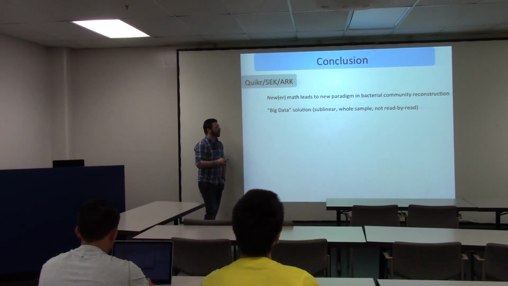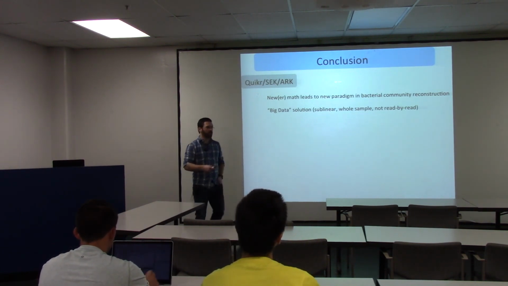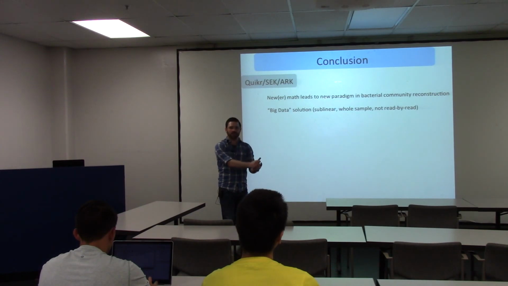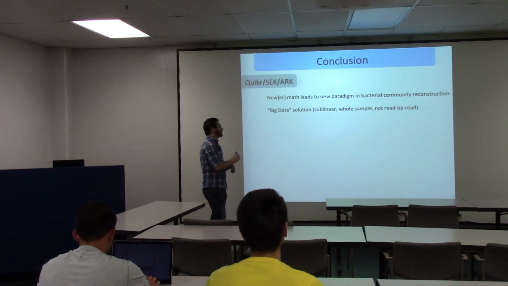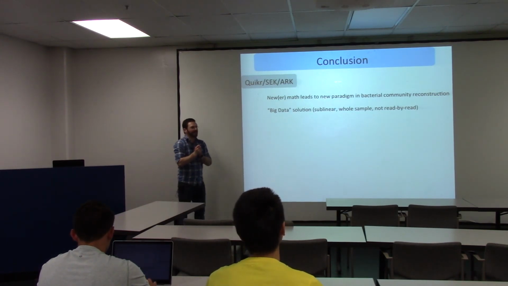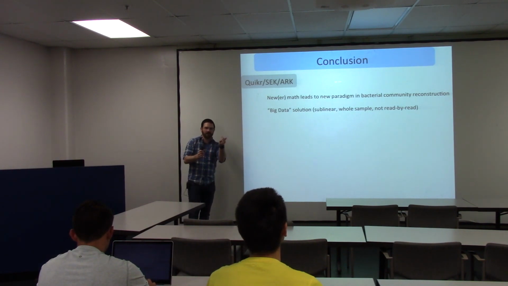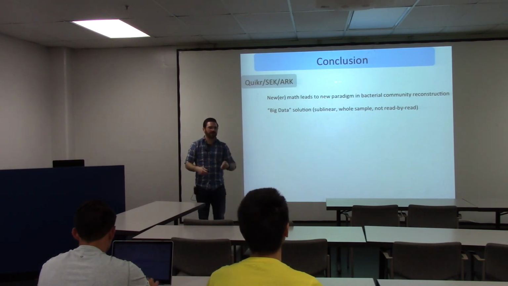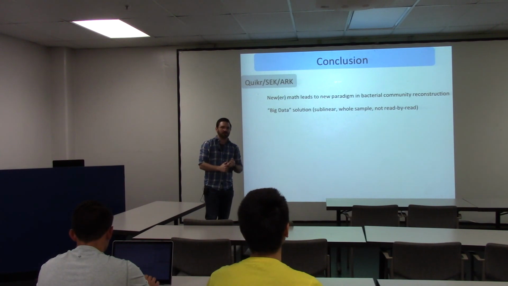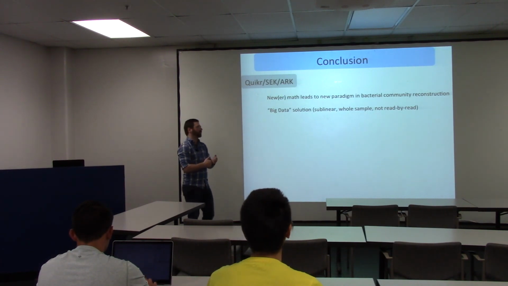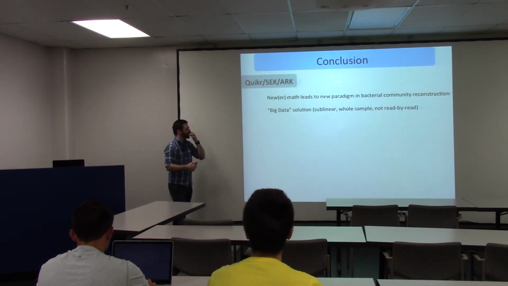You can classify the whole sample instead of read by read, because remember, we're compressing everything down into K-mer counts, so we're not looking at individual reads. The only bad thing is that trying to get p-values or confidence bounds on these things is nastily difficult. There are theoretical results that have to do with confidence bounds on least squares, but they're really difficult to implement.